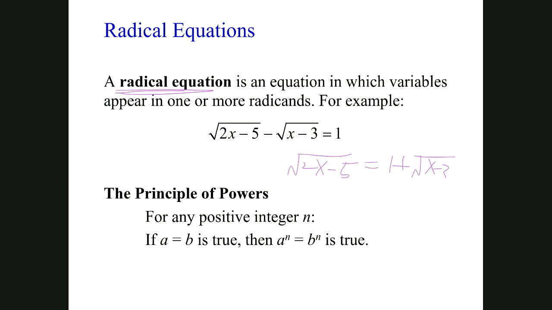And then we're going to square both sides. So this is the principle for this one: if A equals B is true, the left hand side equal to the right hand side is true. Now if you put a power on that, a square or cube power on both sides, this is also true.